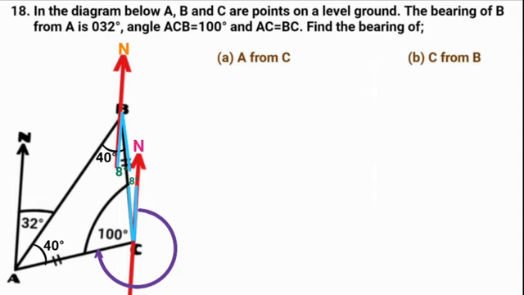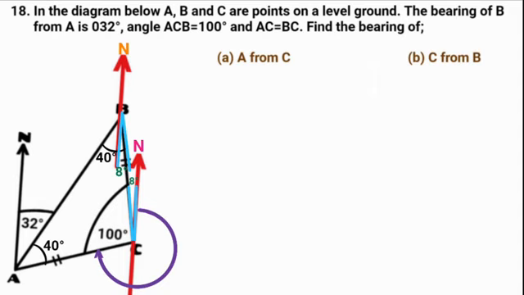So what we can do now is add 100 degrees plus 8 degrees, that will give us 108 degrees. Okay, so we're going to use a property which is called angles at a point add up to 360 degrees. So we're going to subtract 108 degrees from 360 degrees.